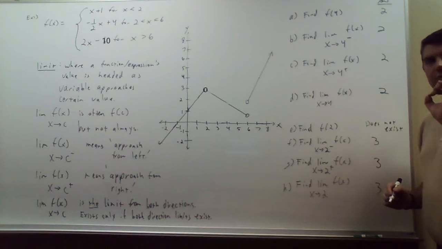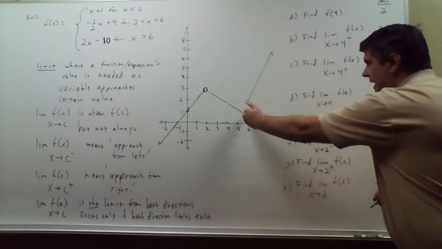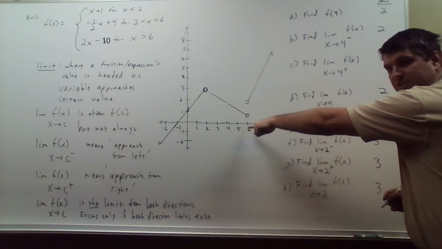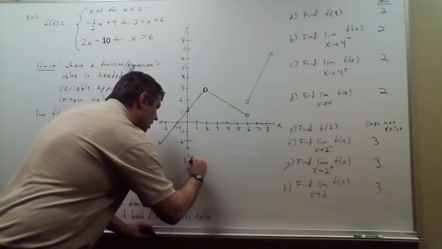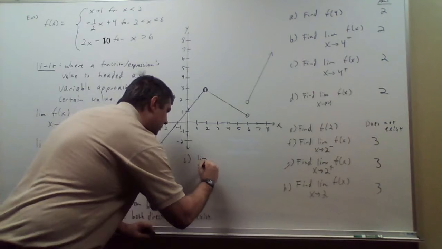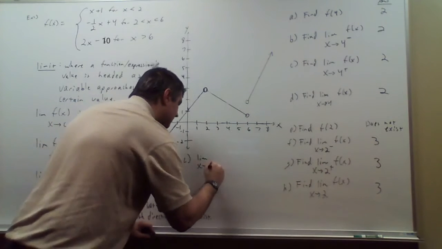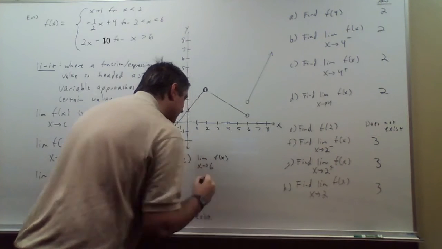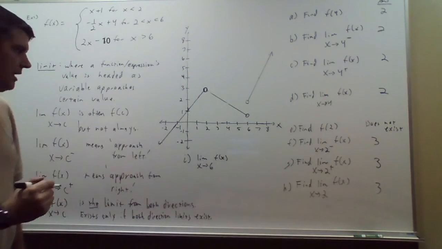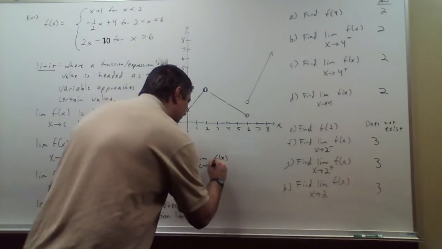Now, let me talk about another case involving limits of 6. Okay? So let me add I. Limit as x approaches 6 of f of x. Let's start by approaching from the left again.